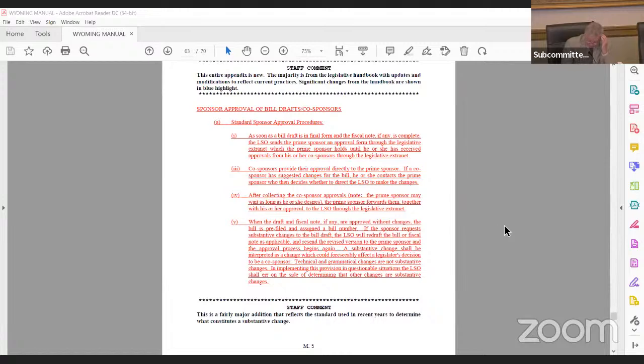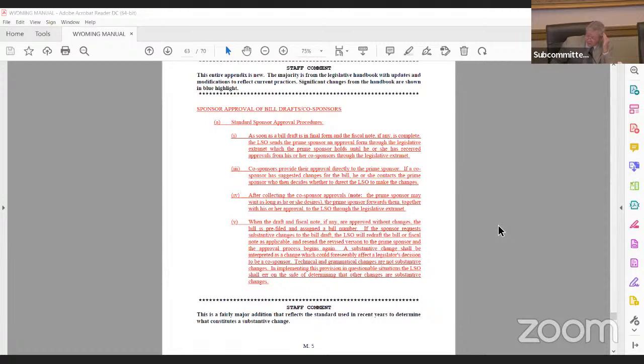So we note that we'll redraft if they request substantive changes. I'm sorry, I got ahead of myself. If substantive changes are required, we make those, and if they're major, we tell the sponsor, you have to send this out to all the co-sponsors because they may not agree to co-sponsor it now.